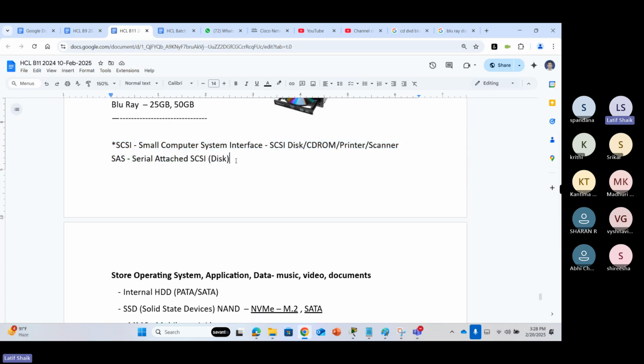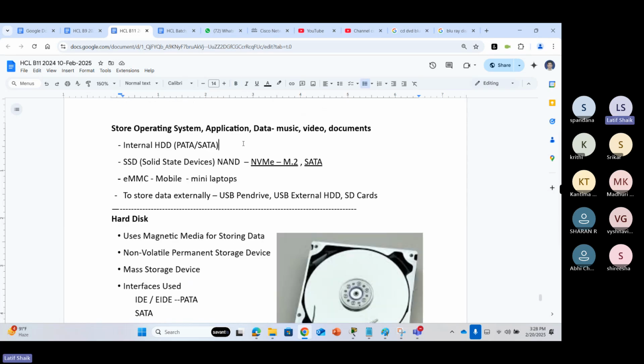There is a SCSI disk to store your data, mainly used in servers. So what is the use of these storage devices? You want to store your operating system, applications, and data. So where will you store it? Generally in the hard disk.